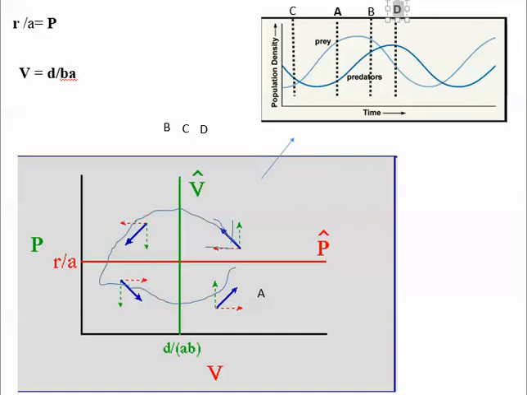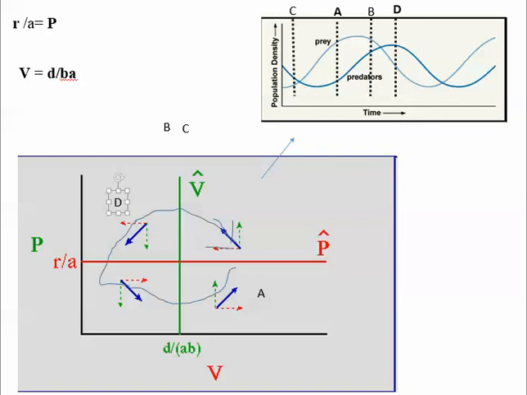The predator population is still exerting a force that causes decline in the prey populations, and there aren't sufficient prey to support that predator population. And so if we look over here, in this upper left corner, we find that predator populations are relatively high, prey populations are relatively low, driving a decrease in prey populations with the red arrow going to the left, and also predator populations with the green arrow going down.